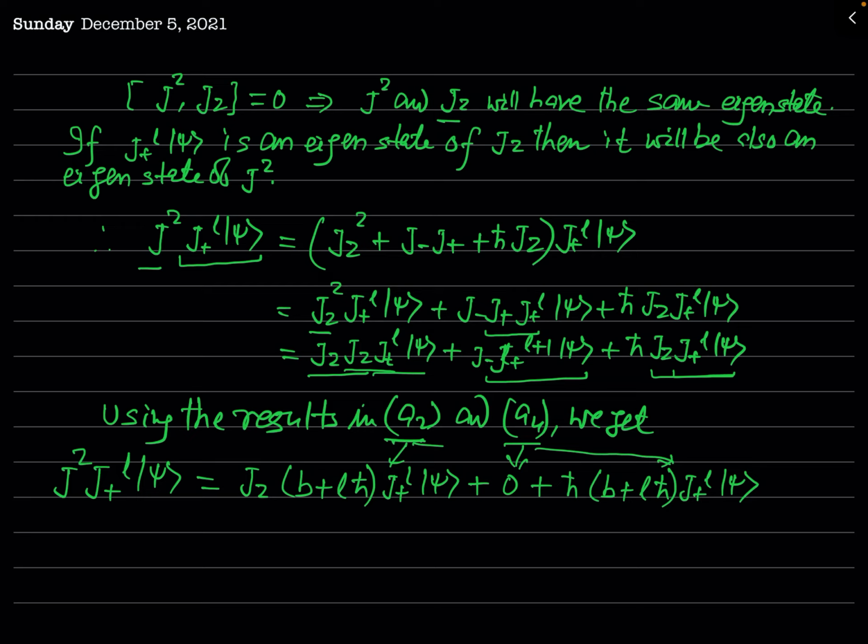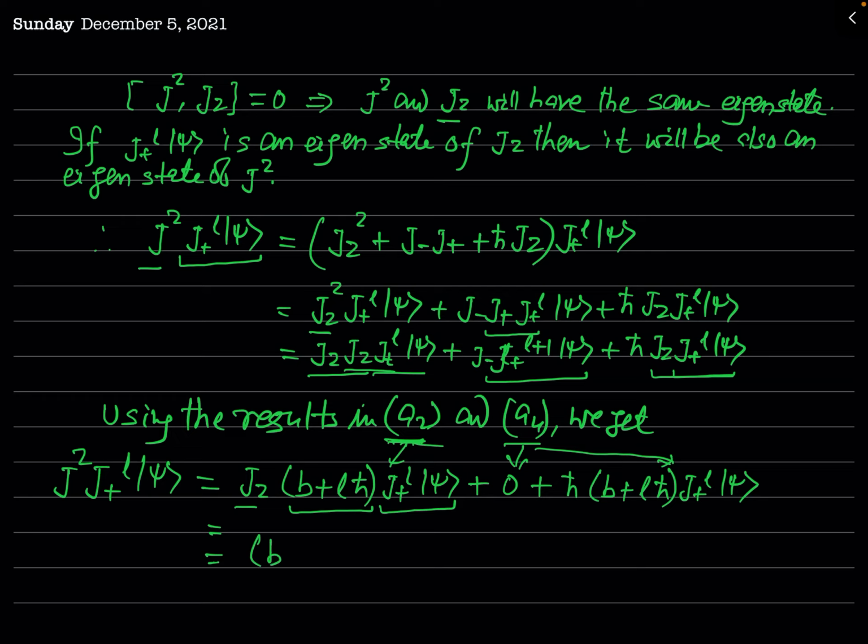Now again this is just a constant factor. So again you can see that this Jz is operated again on this eigenfunction J plus L. So again by the use of equation A2 you can write this like this. This is equal to what?